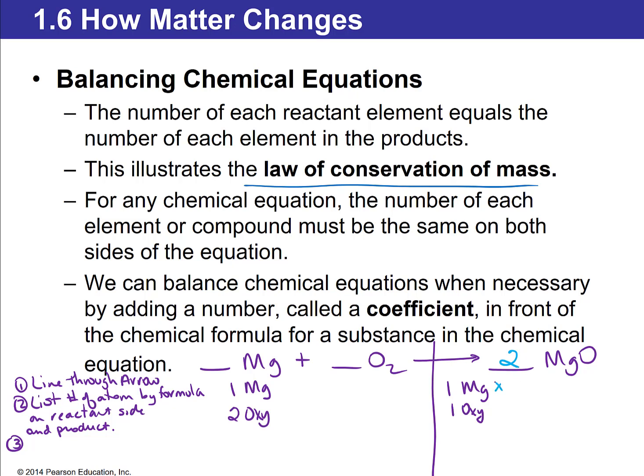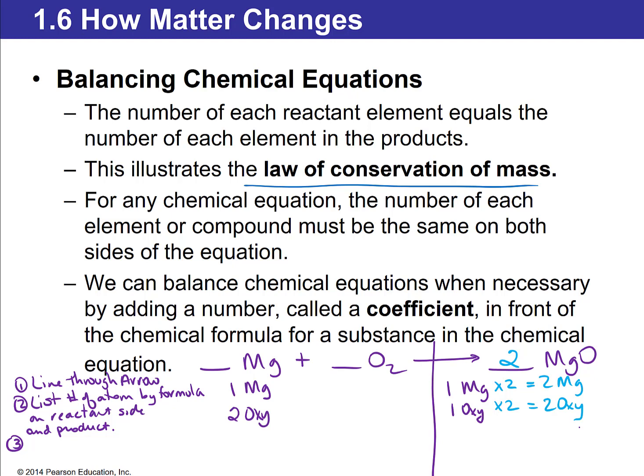So this 2, to check yourself, it would be 2 MgOs. So that means now that would give me 2 magnesiums and 2 oxygens. So that balances my oxygens. Unfortunately, what does it do to your magnesiums? On the reactant side, I have 1, and now on the product side I have 2.